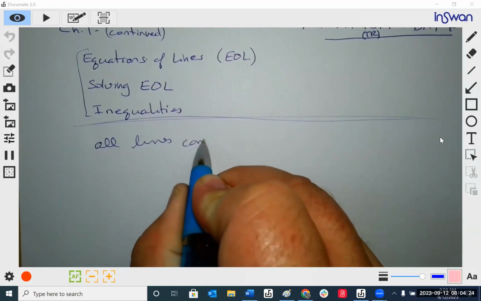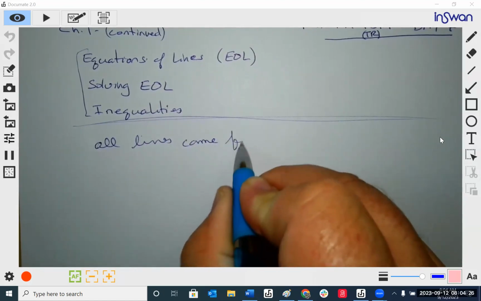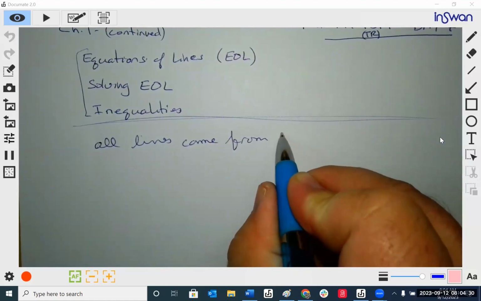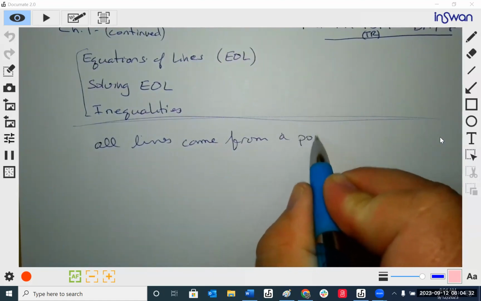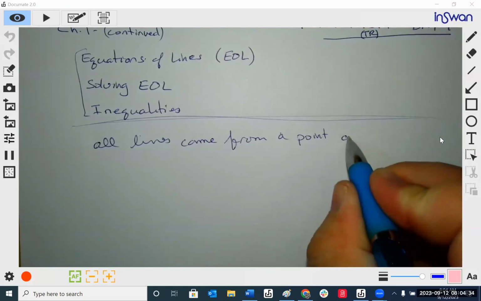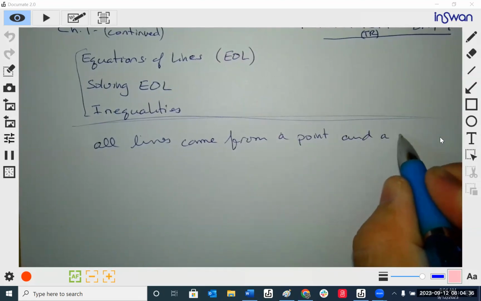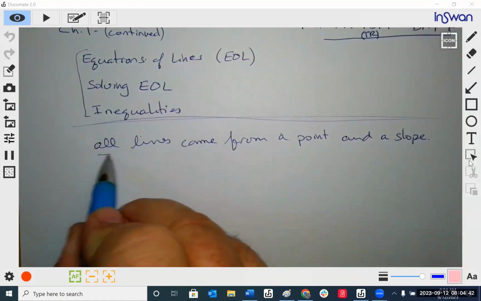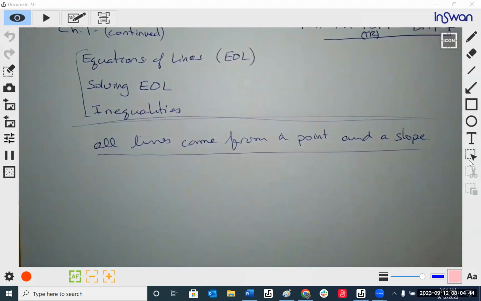All lines come from a point and a slope. So that's the minimum information you need to find the equation of a line. You need to have a point and a slope.